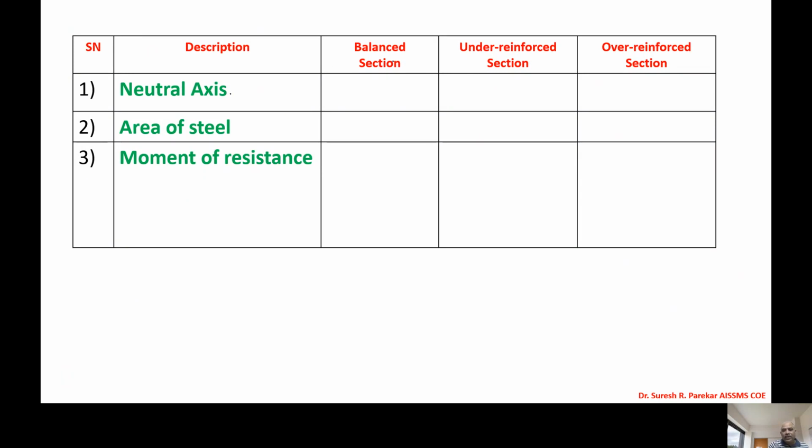For the neutral axis, in the balanced section we say Xu equal to Xu max, and this is also known as the critical neutral axis. Under reinforced you have Xu less than Xu max, meaning my neutral axis shifted upward. In over reinforced, Xu greater than Xu max, my neutral axis shifted downward.